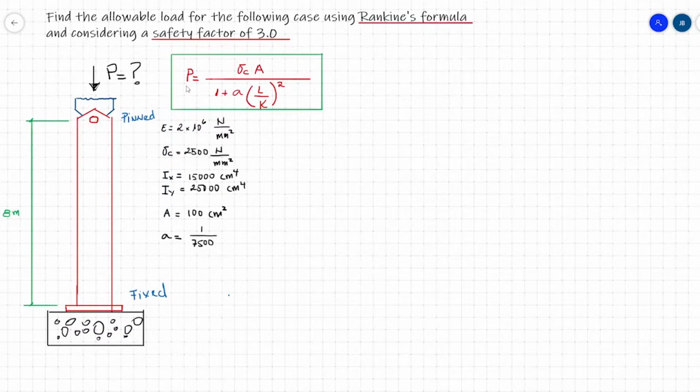First, I know that this is a fixed pinned column, and the physical length of the column is not going to be the length we need to use in our calculations. We know that we need to modify this length by a coefficient that depends on the endings, or on the constraints of the column at the ends.